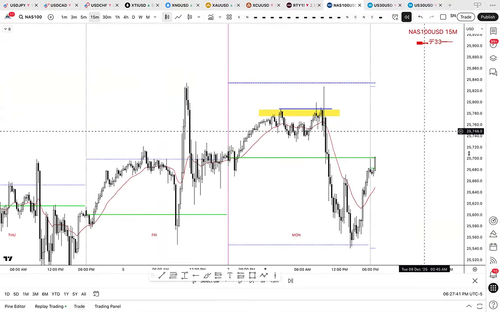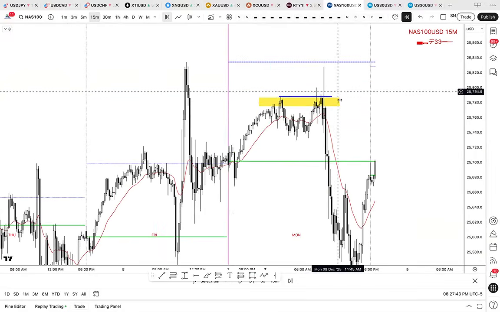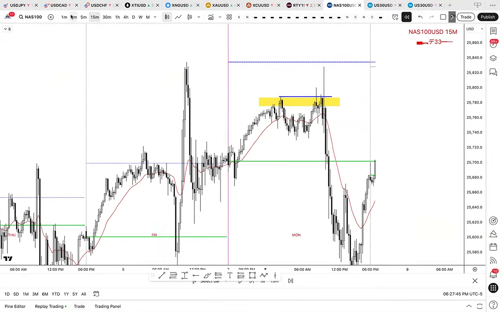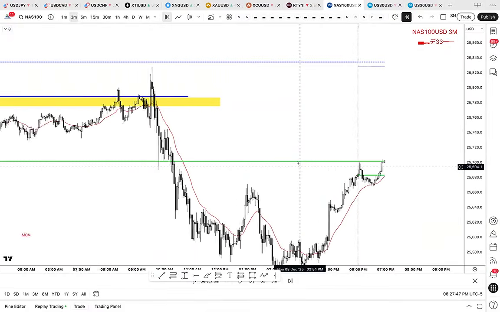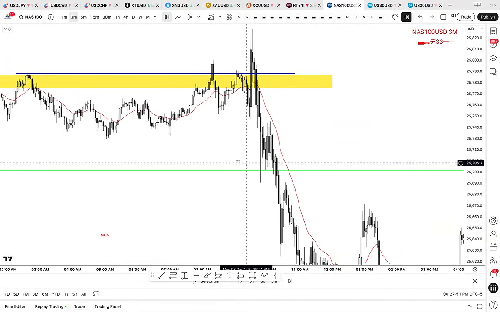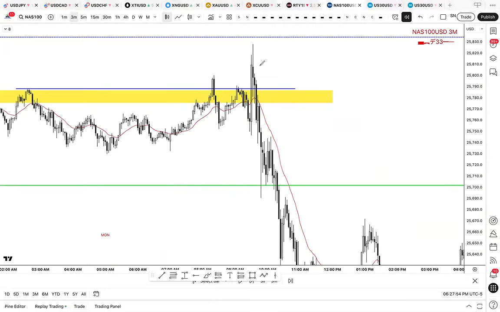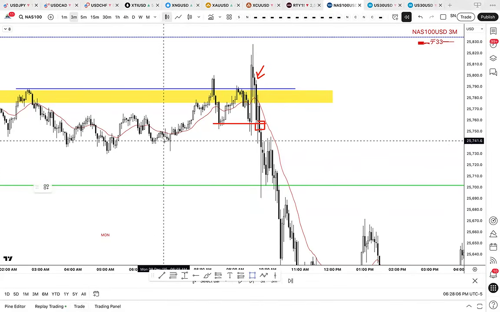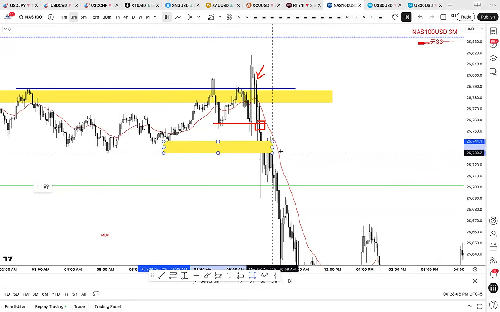Going to my entry time frame, I like to trade the 3-minute, 5-minute, 1-minute, doesn't matter. But again, you can trade the edge. You can trade the breakouts. You can trade the retest.